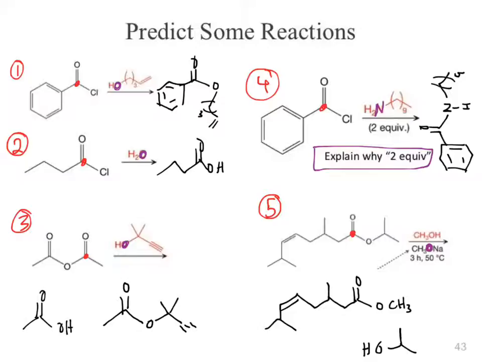Nitrogen is a really good base. Once it comes in and one equivalent reacts, we then have an acidic spot or an acidic hydrogen. The base comes in, or nitrogen comes in, removes that hydrogen. Well, oh crap, we now don't have a nucleophile. We end up losing our nucleophile equivalents unless we have a second equivalent.